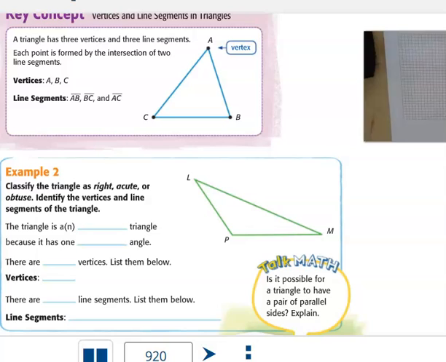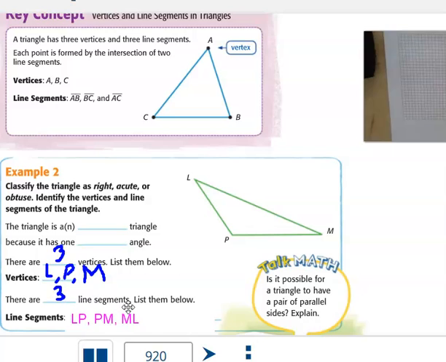How many vertices? 3. The vertices are L, P, and M. There are 3 line segments, LP, PM, and ML.